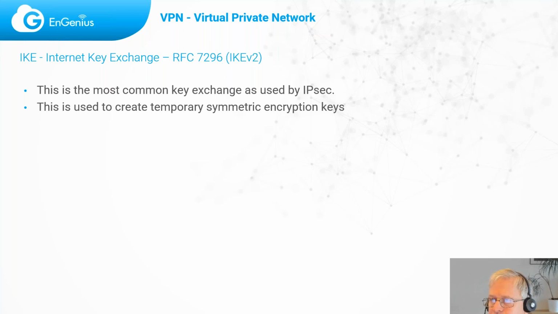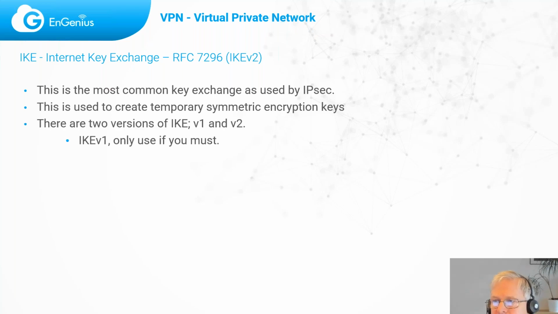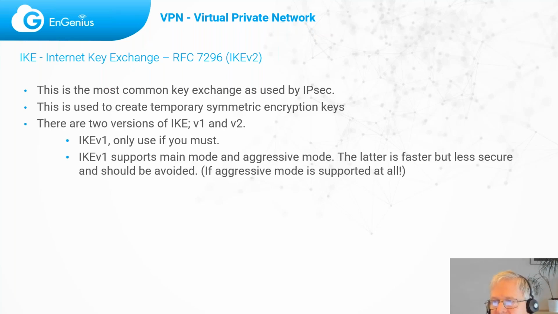So what you do is you do it in steps. First you take your pre-shared key, and you do some magic, and then you have a temporary symmetric encryption key. And after that, you use that again to make the next key.